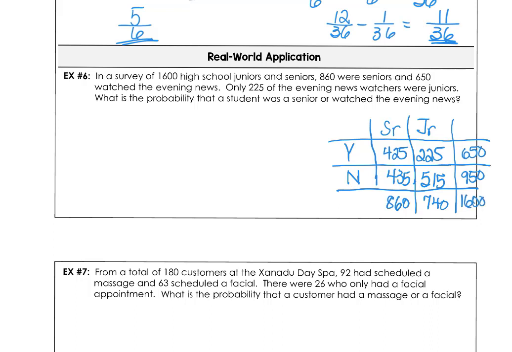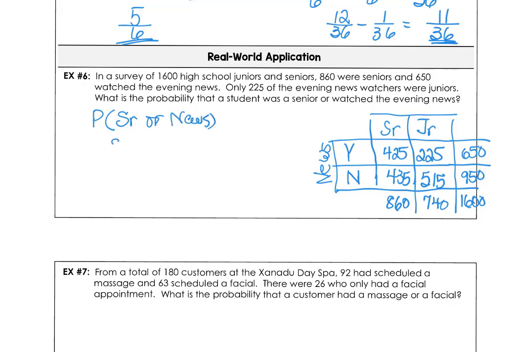So if I treat my survey like this two-way table, these are the people watching the news. And we want the probability that they were a senior or they watched the news.